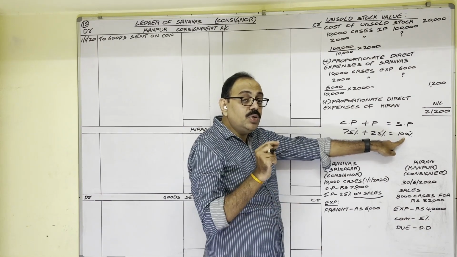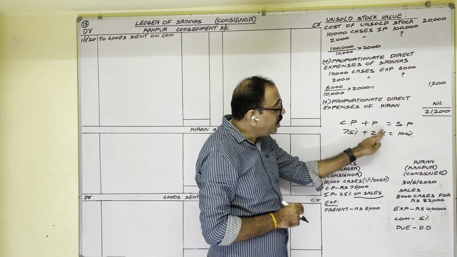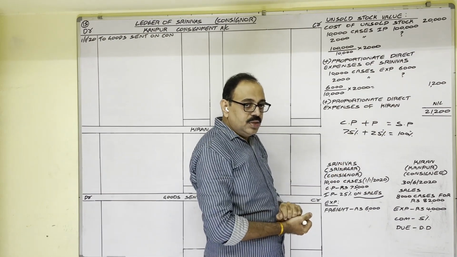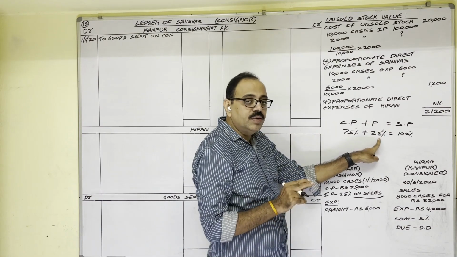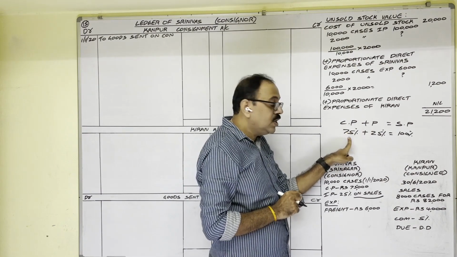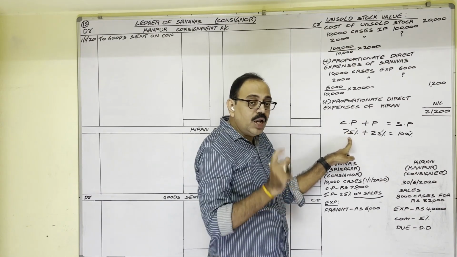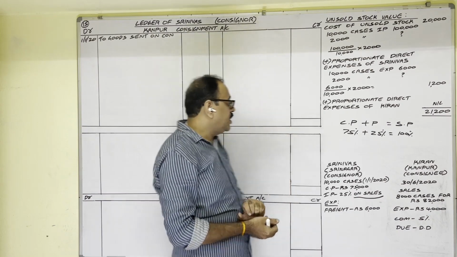So total goods are sent at a 25% profit on sale price. If you calculate the profit plus cost price, the total becomes our invoice price. So how to calculate that?